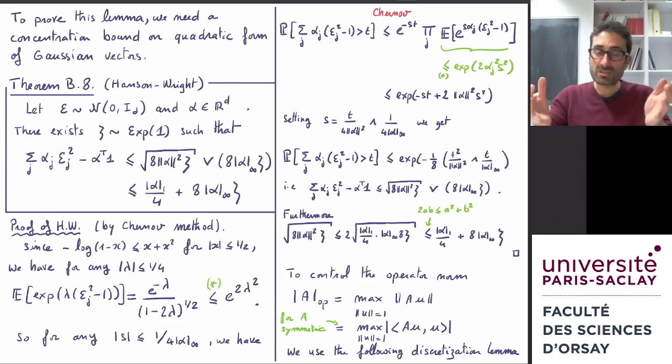You have a matrix A which is symmetric, so you can diagonalize it, and we quickly see that the maximum of this quantity will be achieved for U which corresponds to the eigenvector related to the eigenvalue which has the largest absolute value.